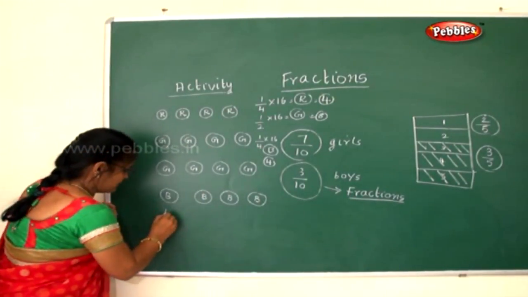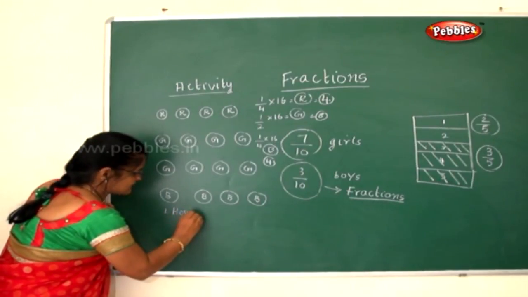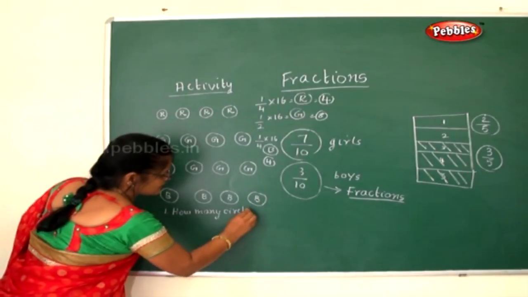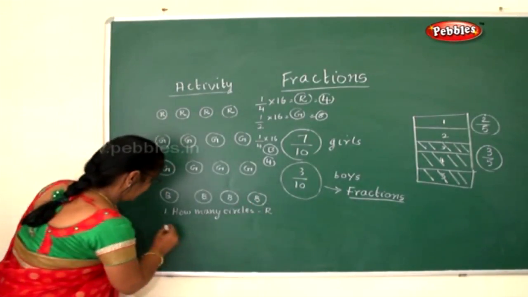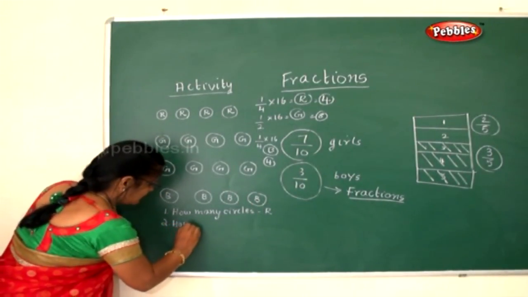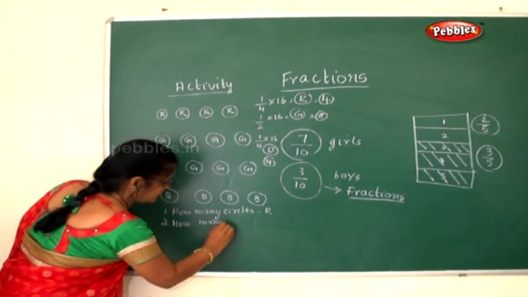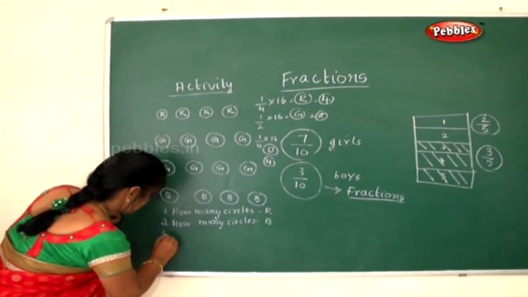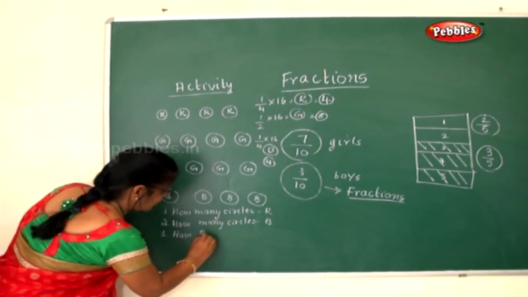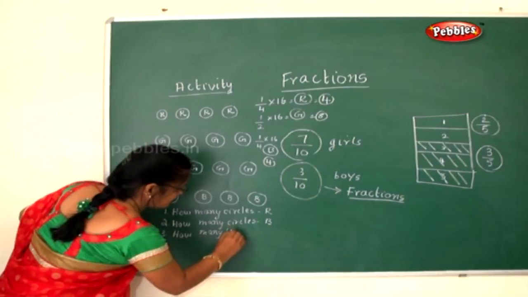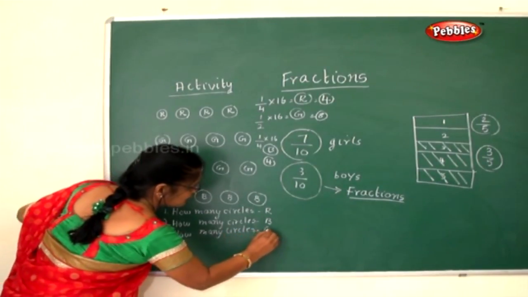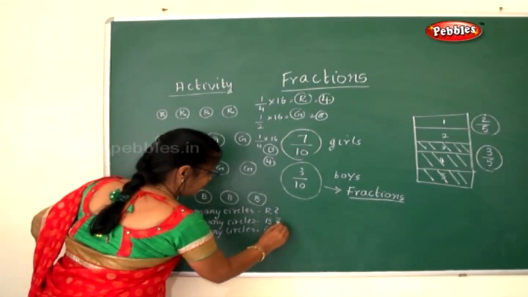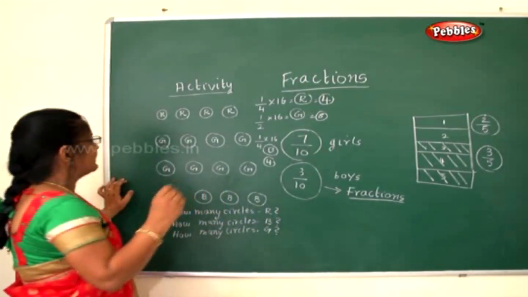Now just tell me how many circles are in red color, how many are in blue color, and how many are in green color.